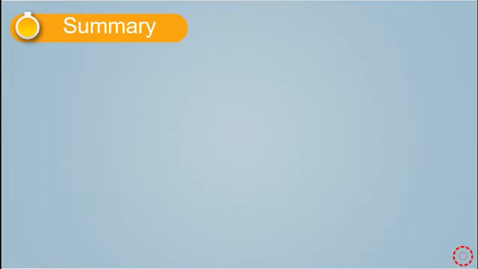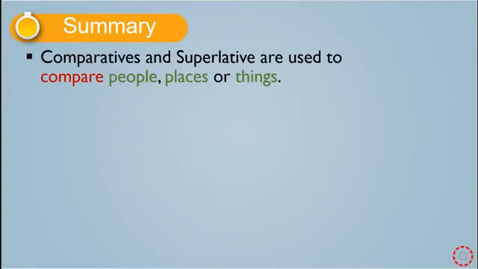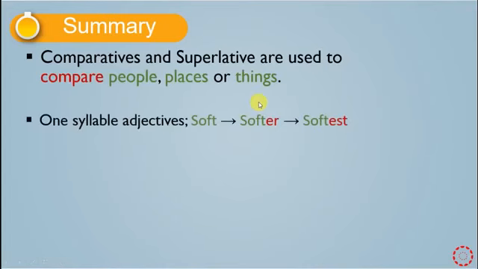What did we learn today? Comparatives and superlatives are used to compare people, places, or things. How can we make the comparative and the superlative form? For one syllable adjectives, we add er for the comparative and est for the superlative.